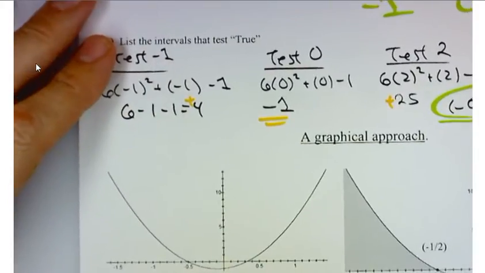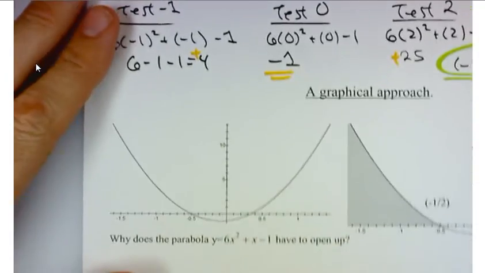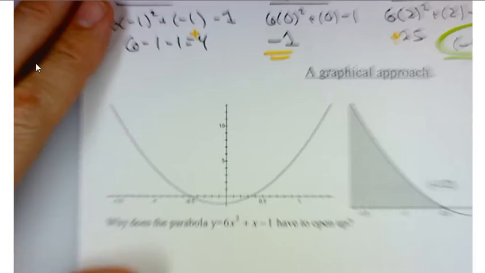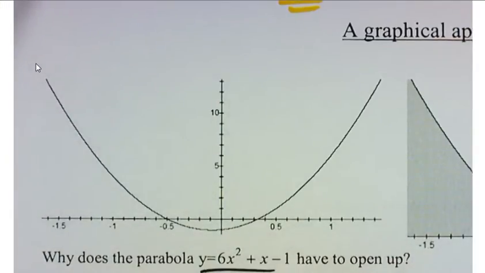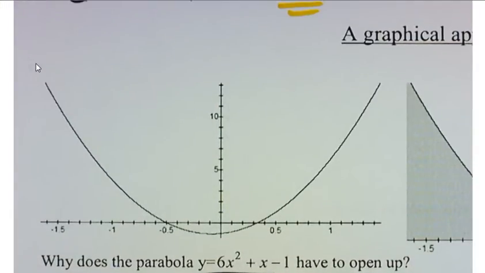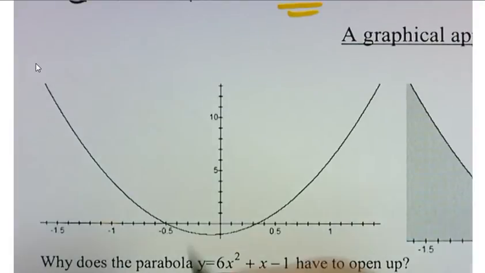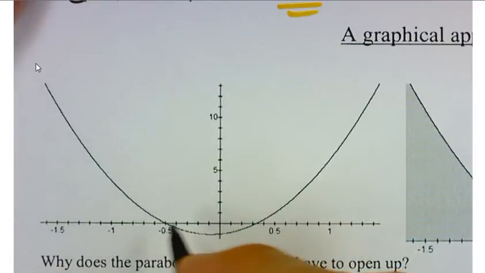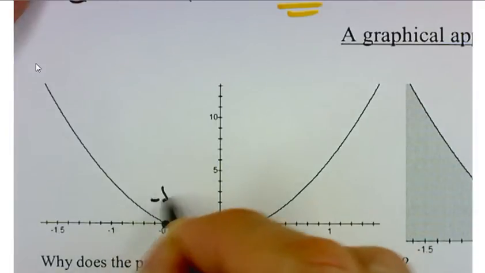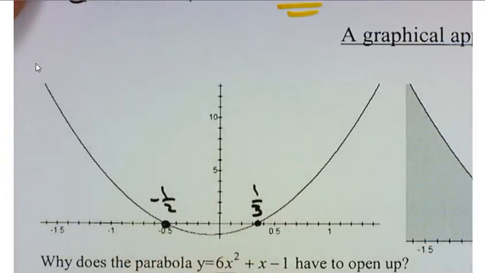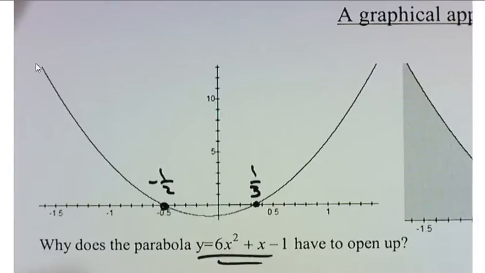Back with the first problem we did, the one on our handout, if you were to graph y equals 6x squared plus x minus 1, it's going to cross the x-axis exactly where we thought it would, at negative 1/2 and 1/3. And then we tested points.